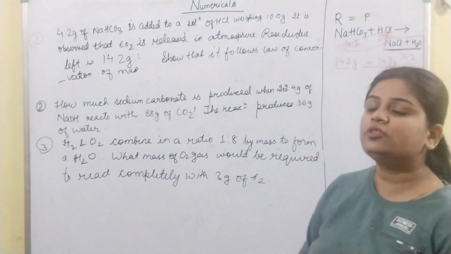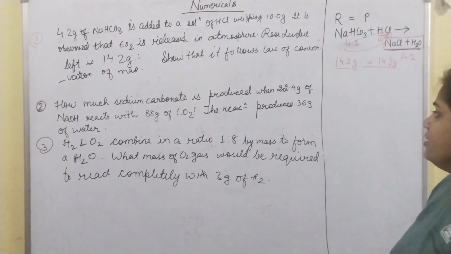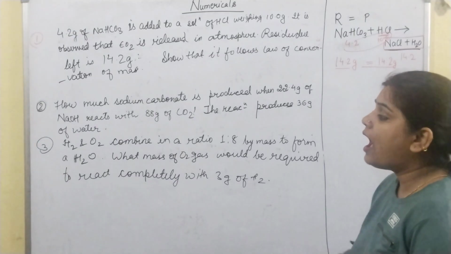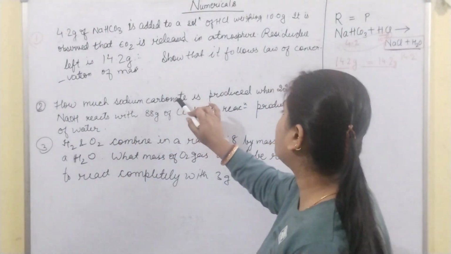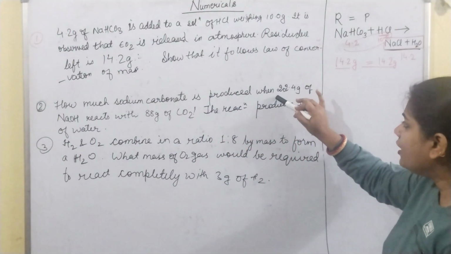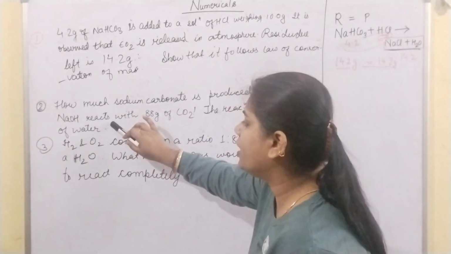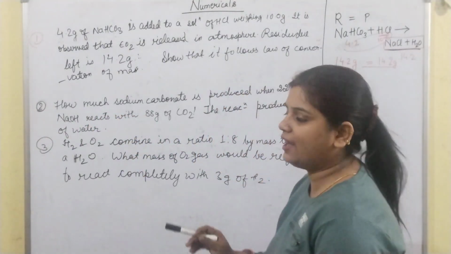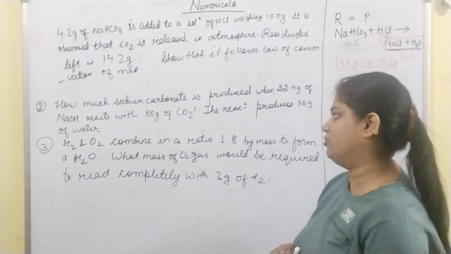Now come to the next question. This question is asking how much sodium carbonate is produced when 22.4 gram of NaOH, sodium hydroxide, reacts with 88 gram of carbon dioxide.